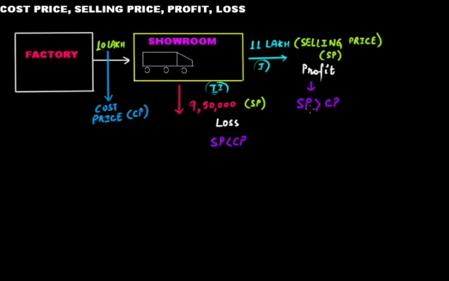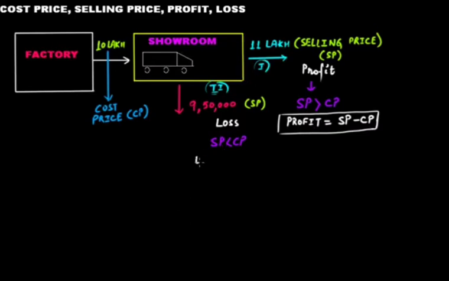Now, if you have to calculate the profit, clearly profit is selling price minus cost price. And why? Because selling price is greater than the cost price. Only in that scenario you make profit.